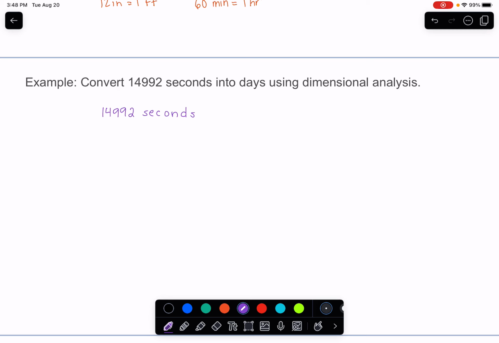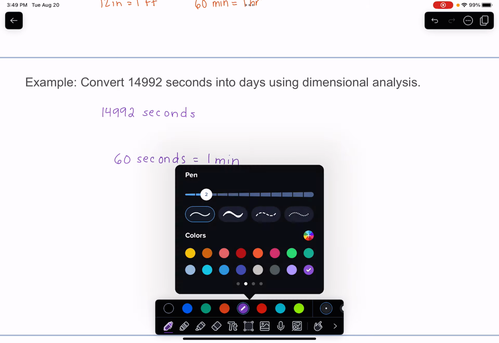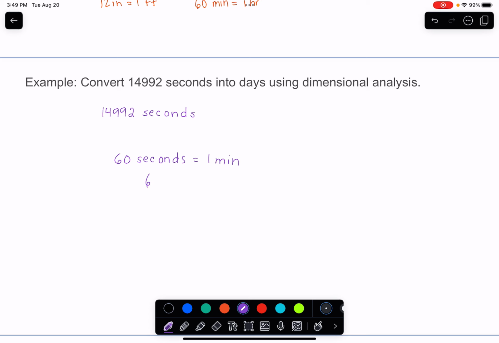So I need to think about a way to go from seconds to days. The first thing I could do is change seconds into minutes because I know there are 60 seconds in 1 minute. So that will be the first conversion factor that I will use in this problem. I can also change minutes into hours. And then I can change hours into days.